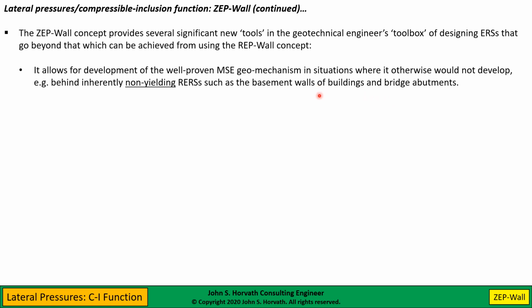I mean, we've known for a long time, if you put in geosynthetically reinforced soil adjacent to the basement wall of a building or behind a bridge abutment, it's really not going to do much good because the reinforcements can't activate. They can't develop tensile forces. Well, with the ZEP wall concept, they can.